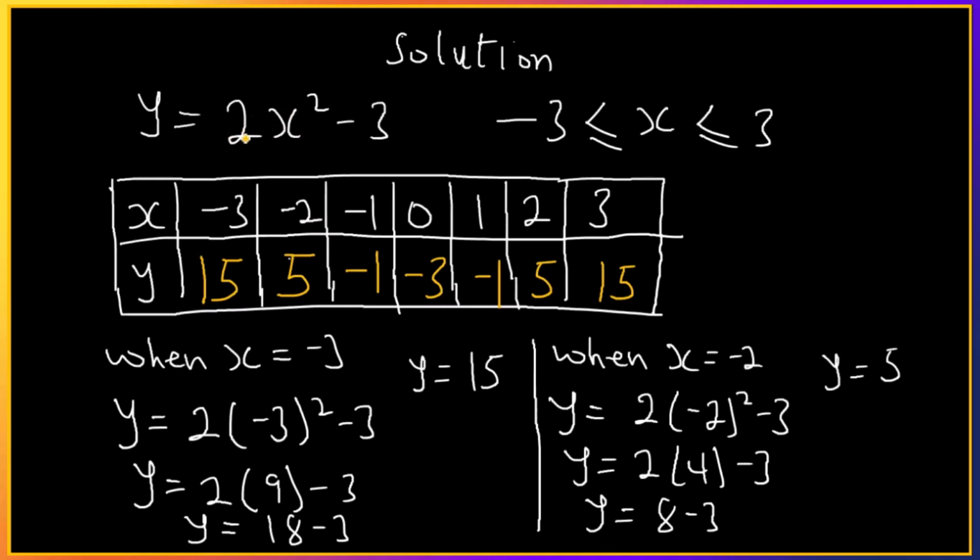So looking at the nature of our function, we could now discern that the nature of our quadratic function will be u-shaped, because the coefficient of x squared, which is a, is 2. So this will be the shape of our quadratic function.